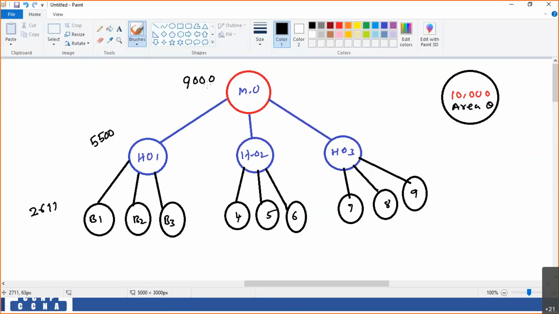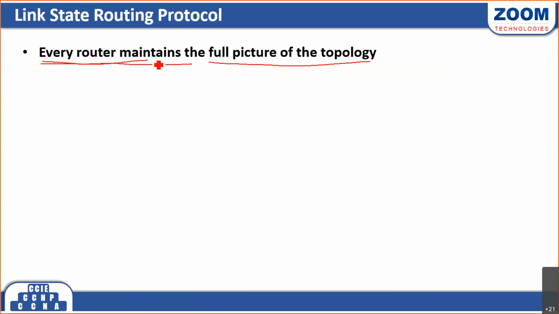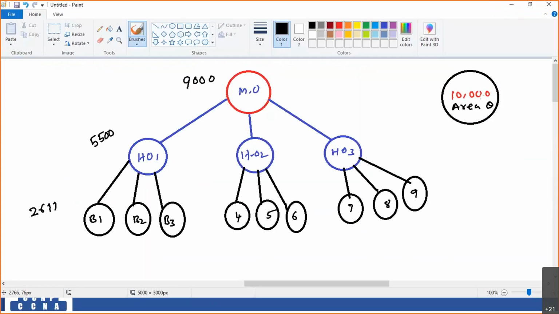It's a hierarchy design. Now what OSPF is telling is every router maintains a full picture of the topology. So in the topology, how many routers is it? 10,000 routers. So the main office router has to maintain 10,000 routers' links information, and head office also has to maintain it. Your branch office also has to maintain it.